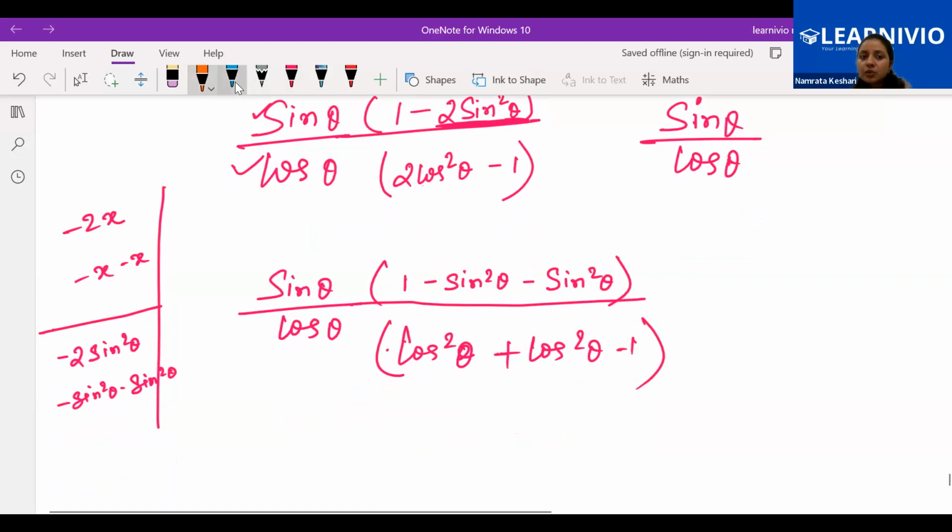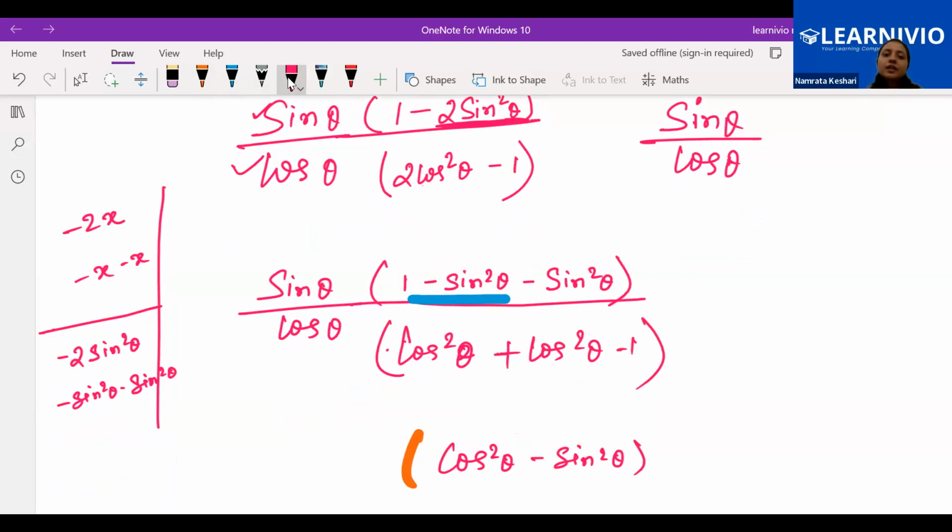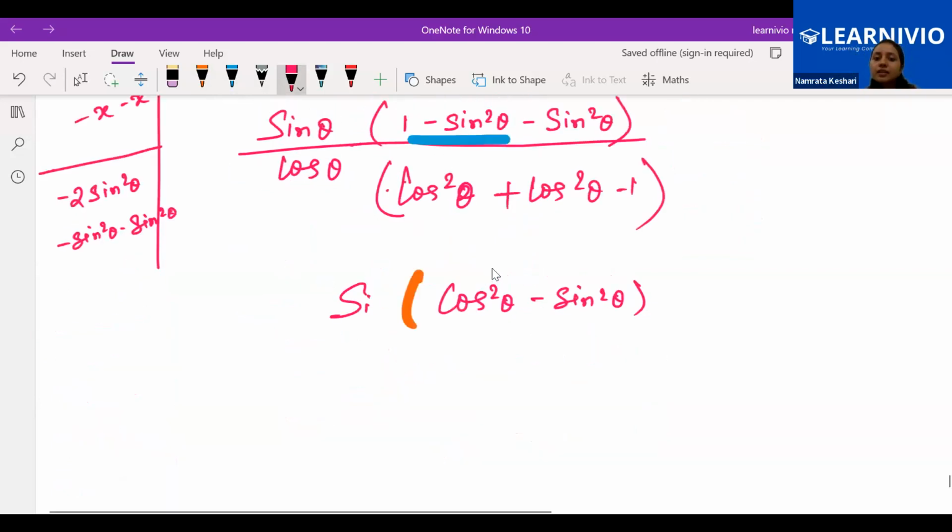Now can you see, 1 minus sine square theta is cos square theta, right? Minus sine square theta remains. In the denominator, this sine theta is still there, and cos theta. And here also we want to use the identity, but we have cos square theta minus 1.